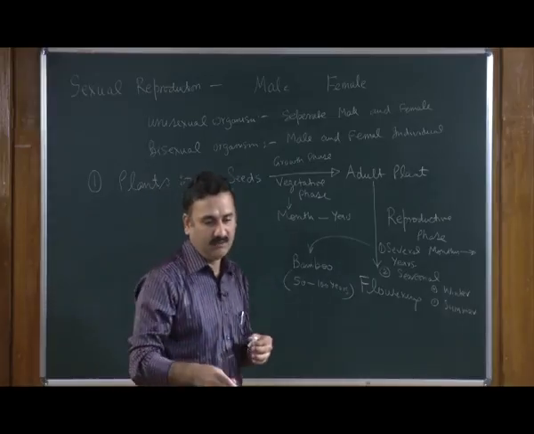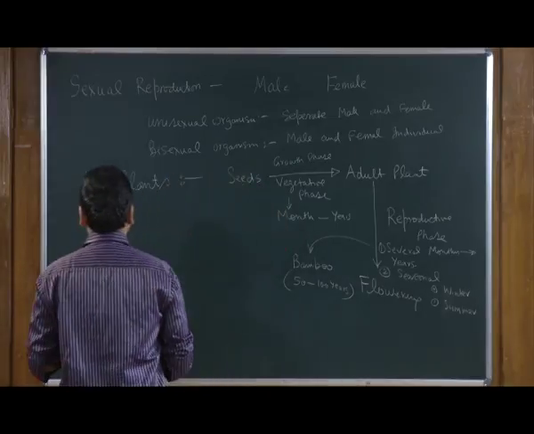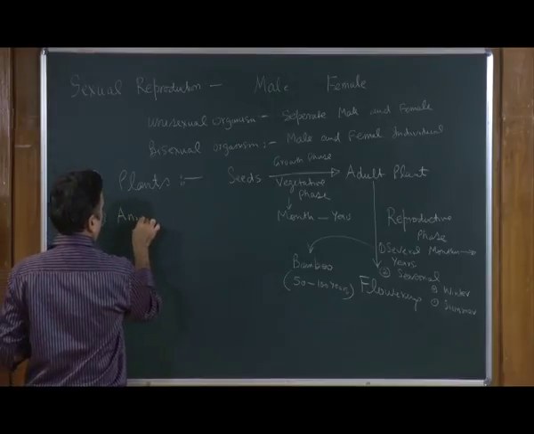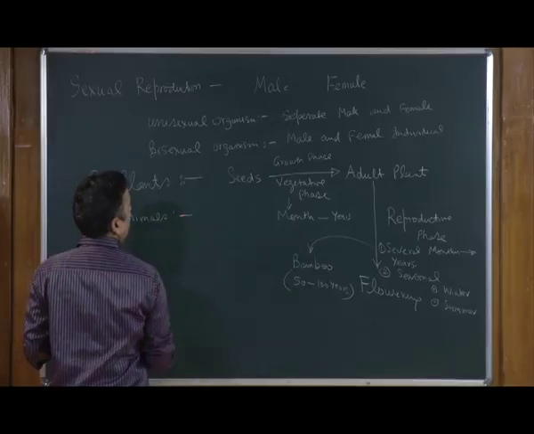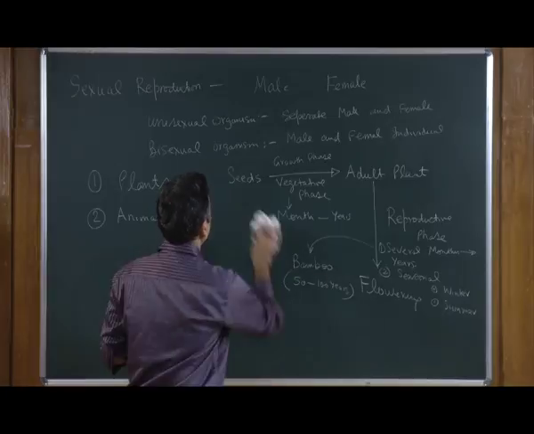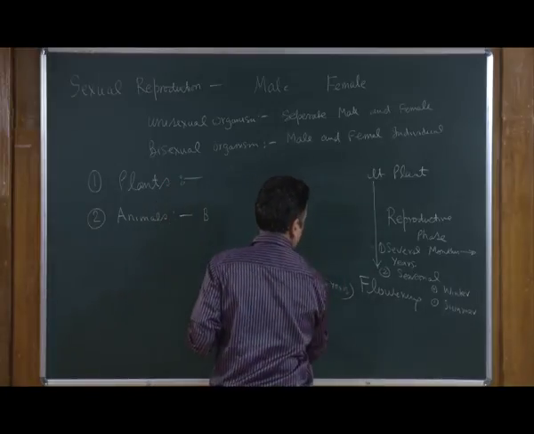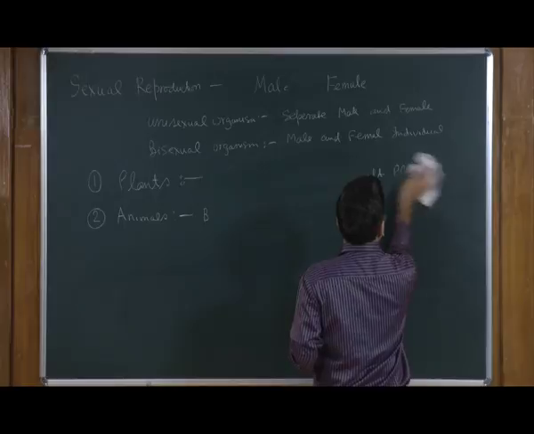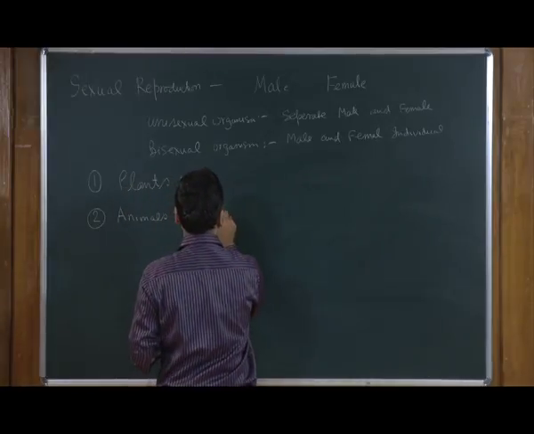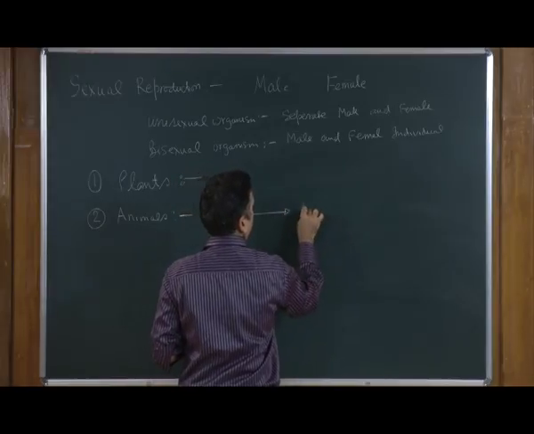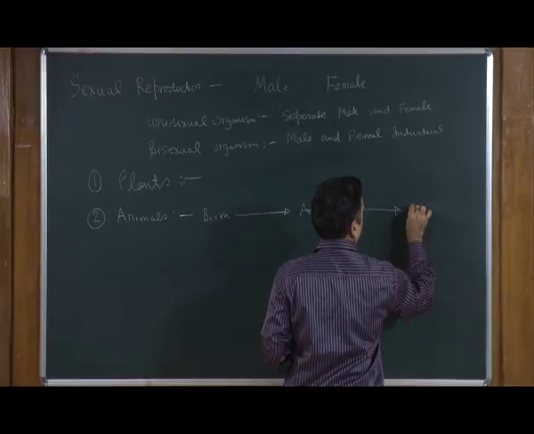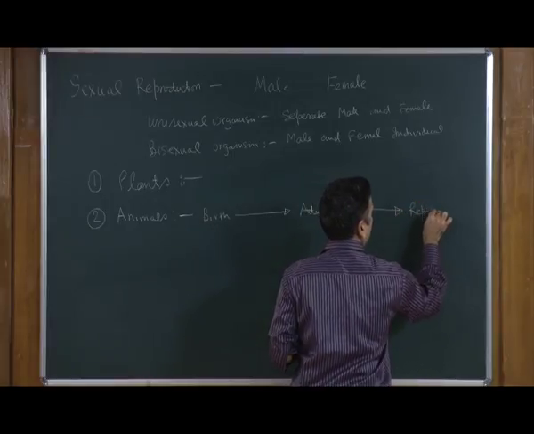In the case of animals, from birth to the adult stage can be divided similarly into two phases: from birth to adult stage, and then from adult to the reproductive stage.